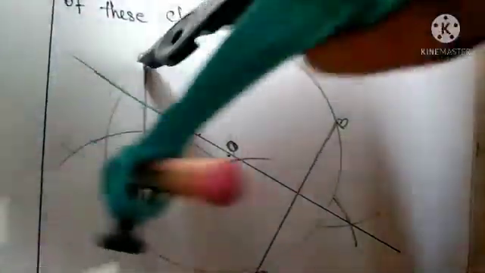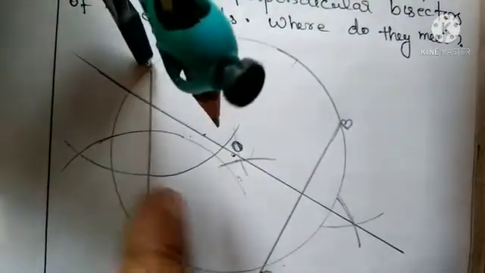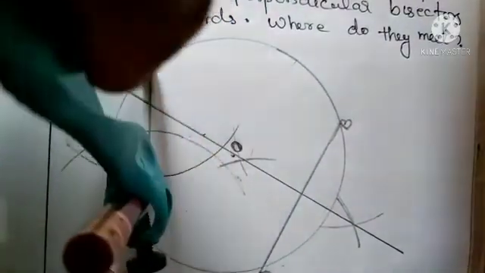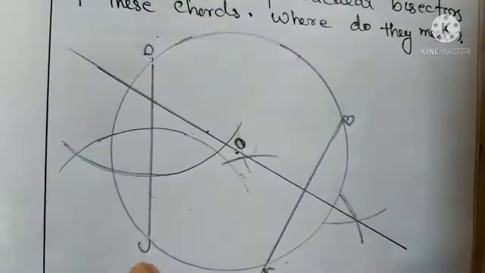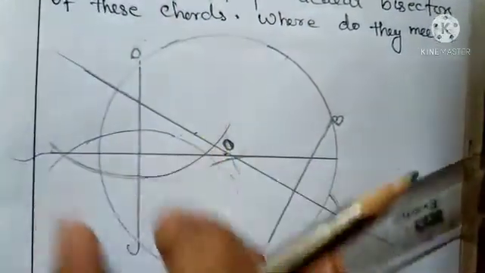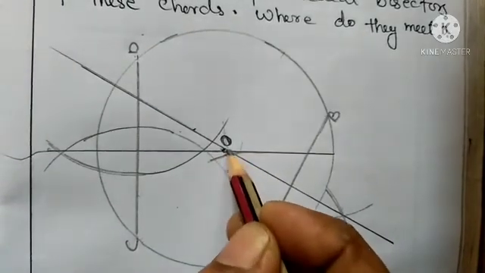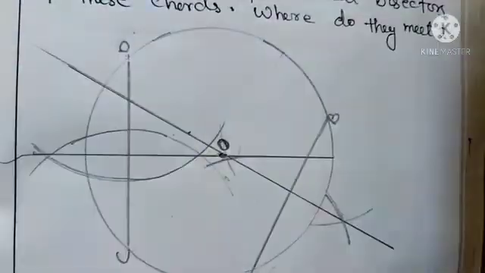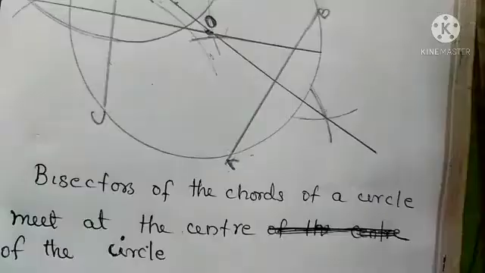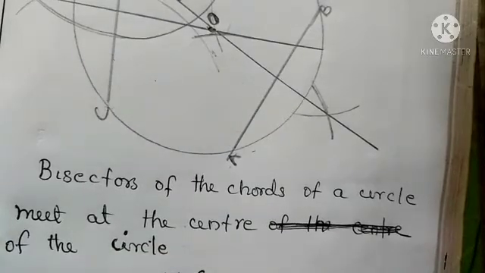You can draw parts of arcs, or half of the arc you can draw, no problem. Join these two, then we can see these bisectors of any two chords will meet at the center. We can write where do they meet. So bisectors of the chords of the circle meet at the center of the circle.